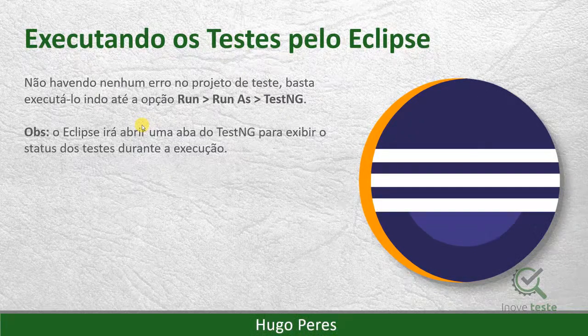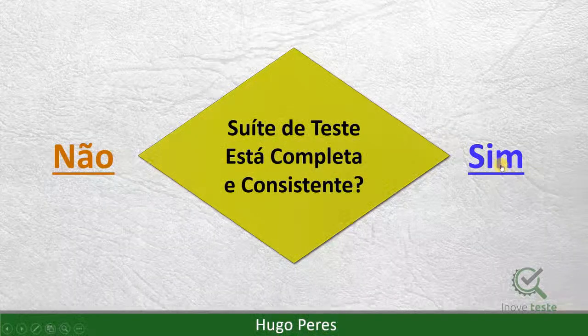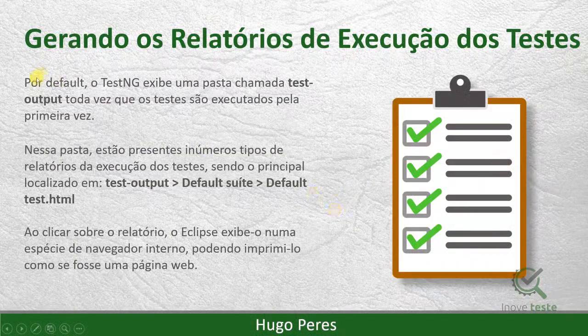If you stay at 100%, then you go through the decision again, and this time you answer yes. Is the test suite complete and consistent? Yes. In our case, the suite is working perfectly. Then, we will be redirected to that last step of our process, which is the issuance of test reports.